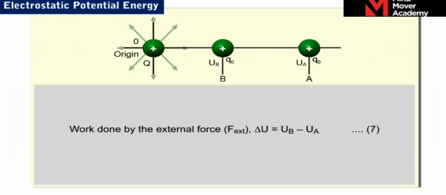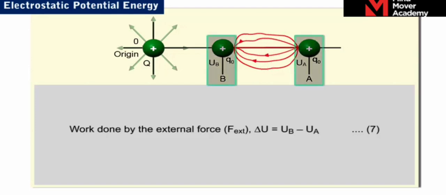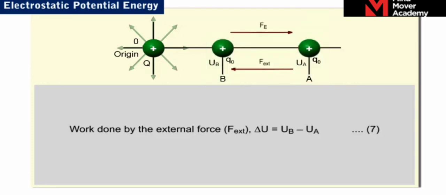The work done according to equation 7 is independent of the path followed to move Q0 from A to B without accelerating Q0, and is dependent only on the initial and final position. Hence, the electrostatic force Fe is a conservative force, and the work done against the electrostatic force Fe is independent of the path followed.